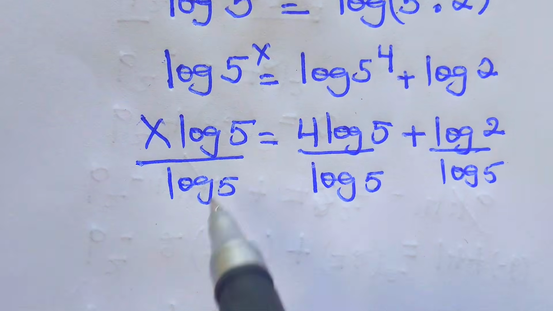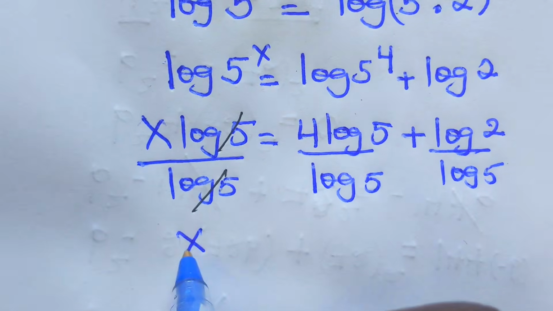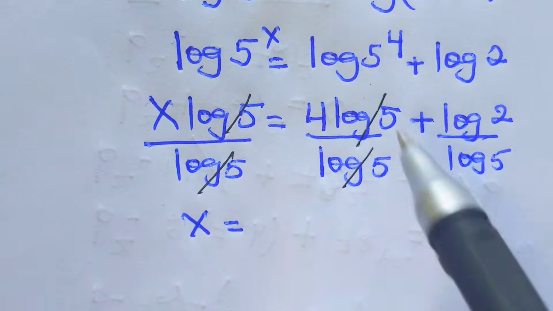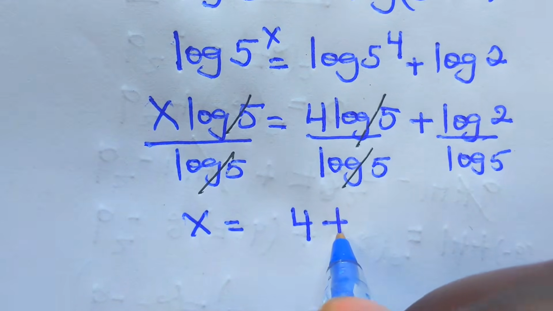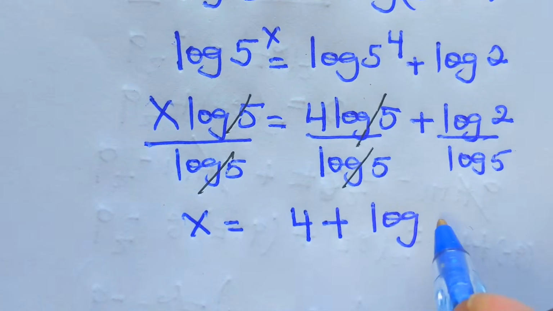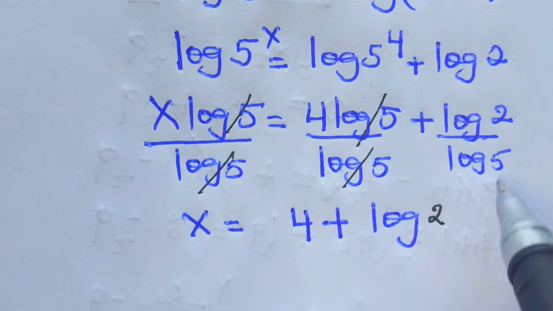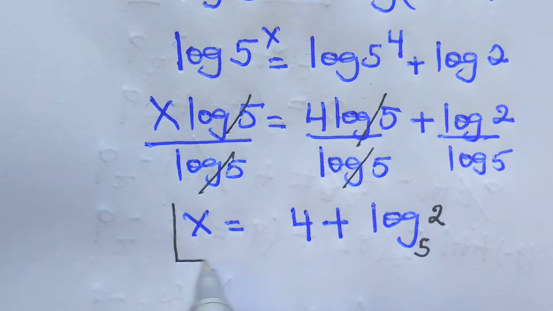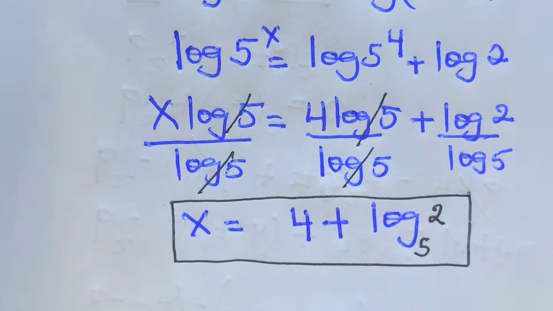So this and this should be cancelled to get x equal to, while we simplify this, we shall remain with 4 plus logarithm of 2, and this 5 should be the base, right? And of course this is our value of x that we have right here.